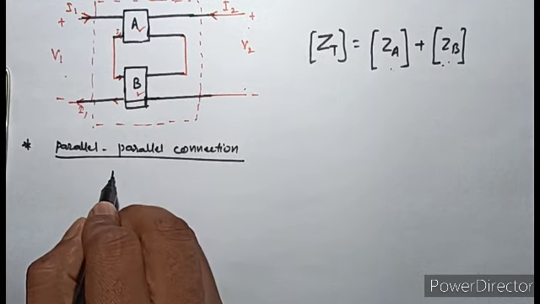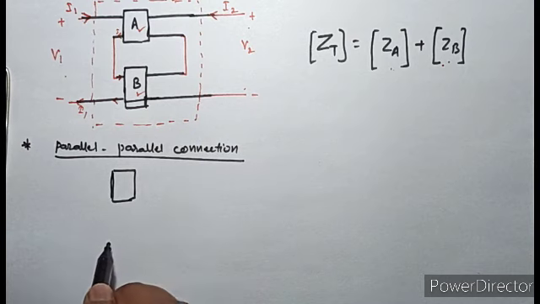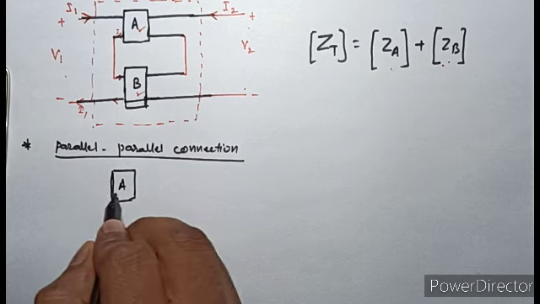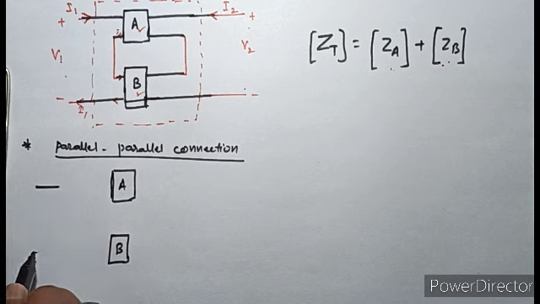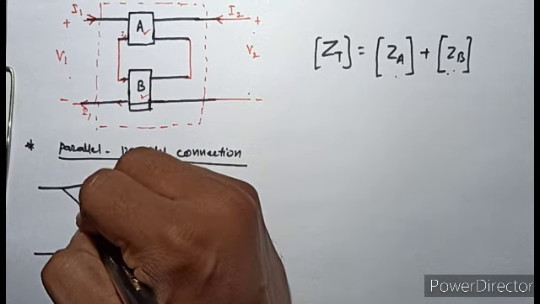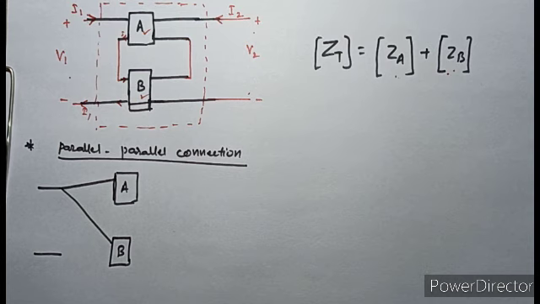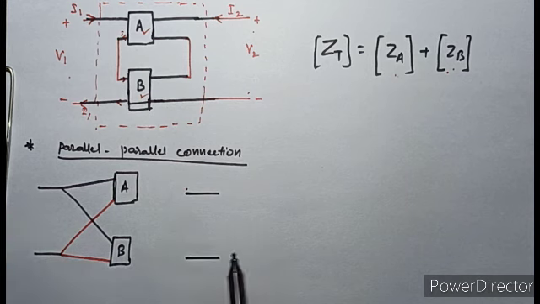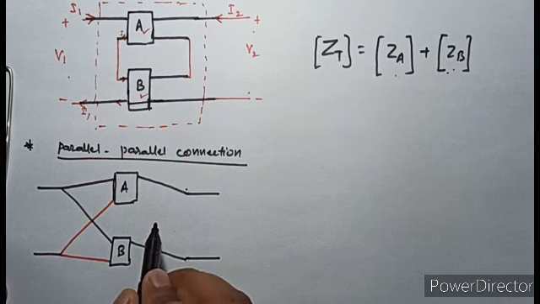Right, when two-port networks A and B are connected in this way, sorry, we got a mistake.